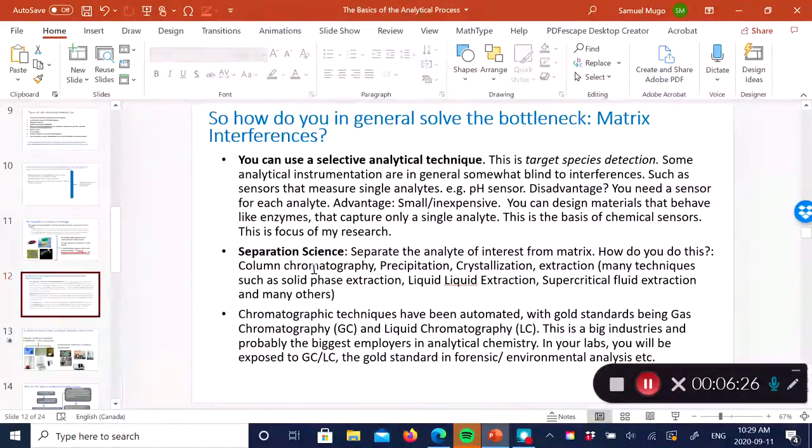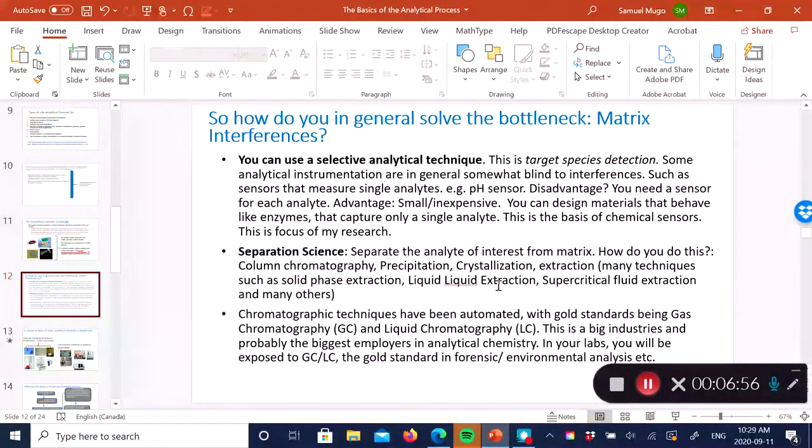You guys know about column chromatography, for example, where you load a column, say, with silica particles, and then you pass the sample through the chromatographic column. You can also do liquid-liquid extraction. You can also do supercritical fluid extraction. You can also do precipitation, for example. You can do crystallization, and so on.